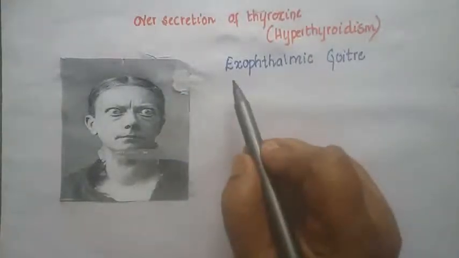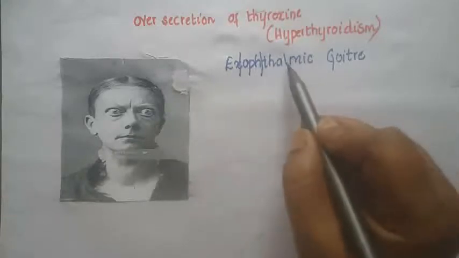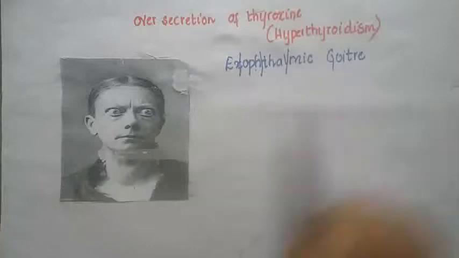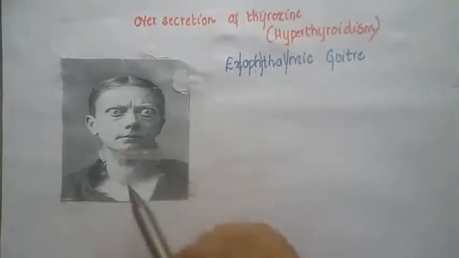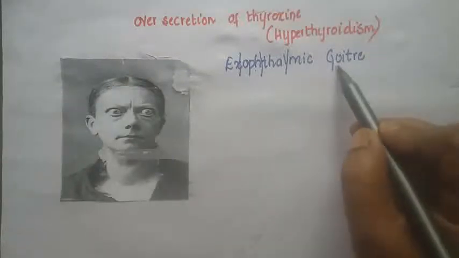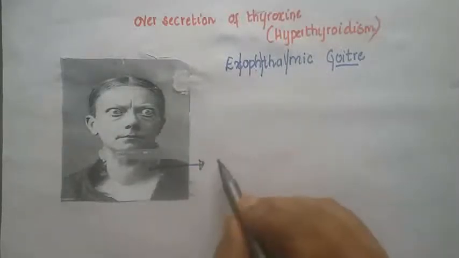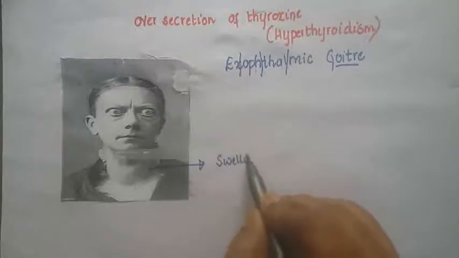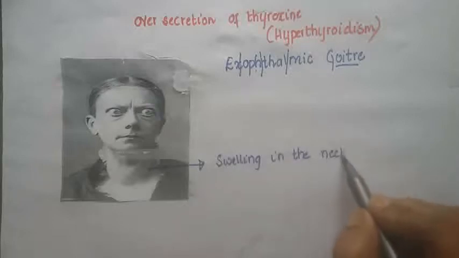Children, how do we pronounce this word? Exophthalmic Goiter. So here in the picture, you can find a person suffering from exophthalmic goiter. In the word you can find the word goiter, so it means there is a swelling in the neck region.